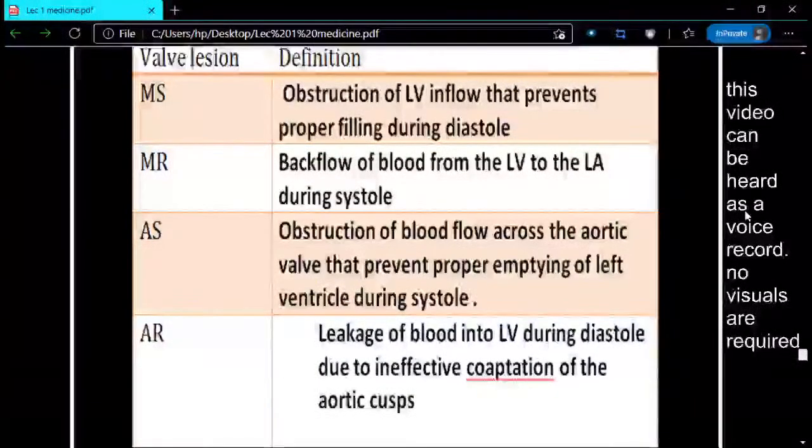Aortic regurgitation is leakage of blood during diastole.